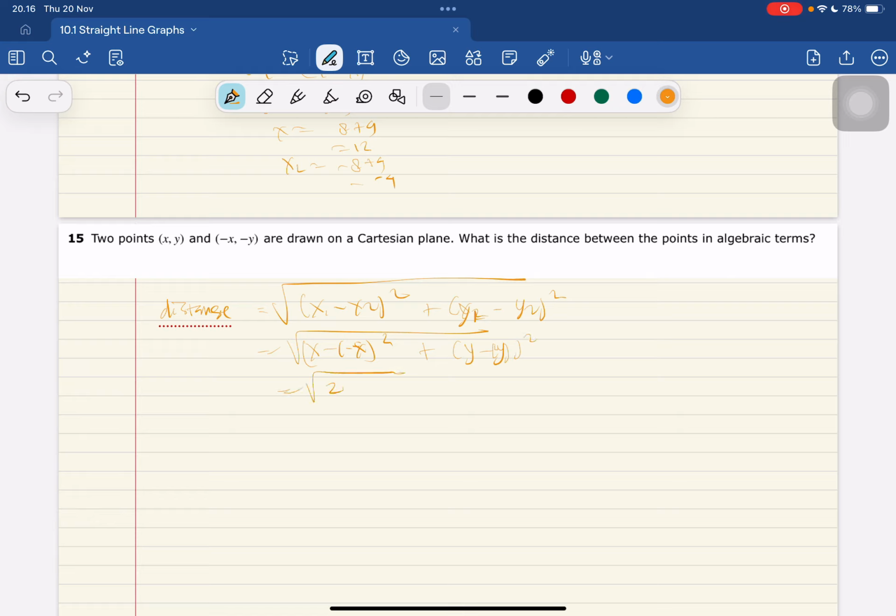Here we got 2x squared plus 2y squared, so 4x squared plus 4y squared.